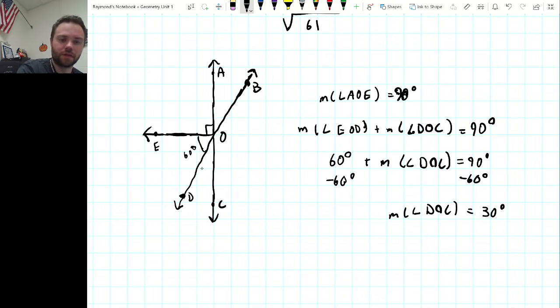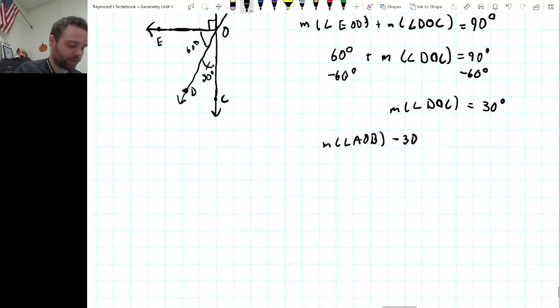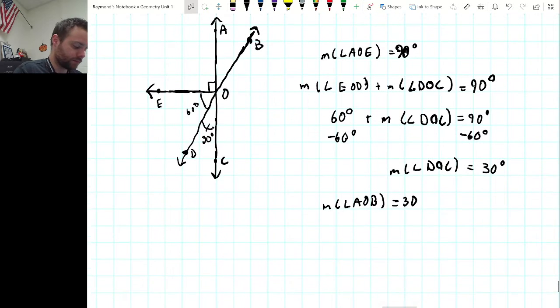So this up here, DOC, is equal to 30 degrees. And then I also get that the measure of angle AOB is equal to 30 degrees. And the reason is vertical angles are congruent.